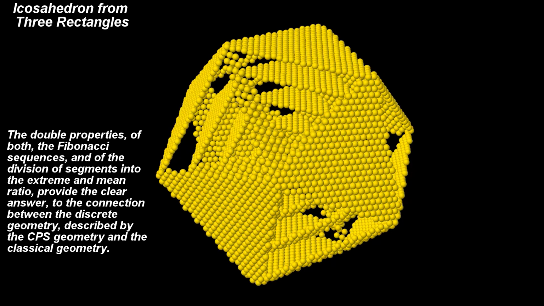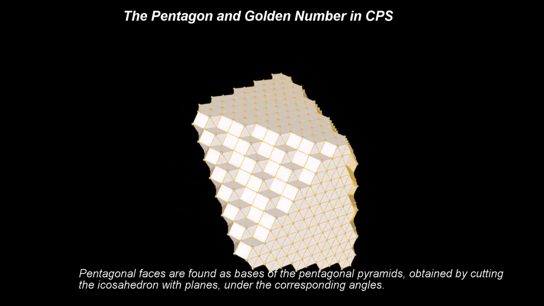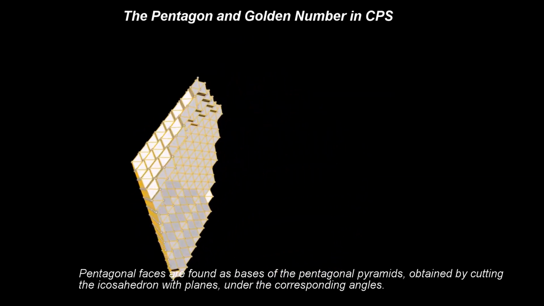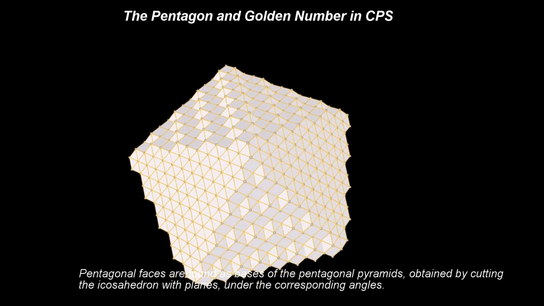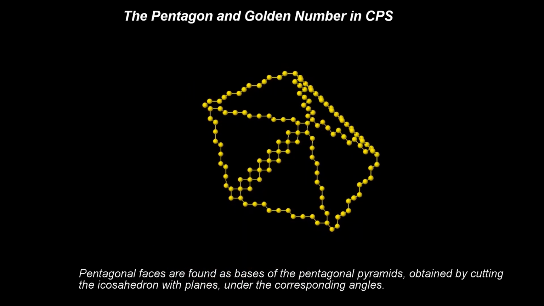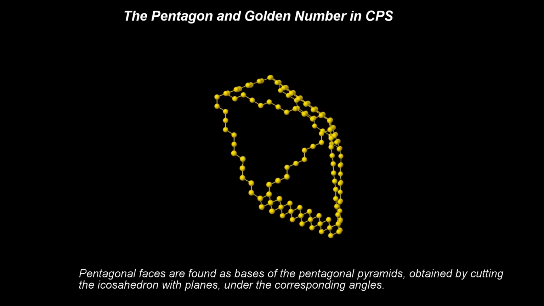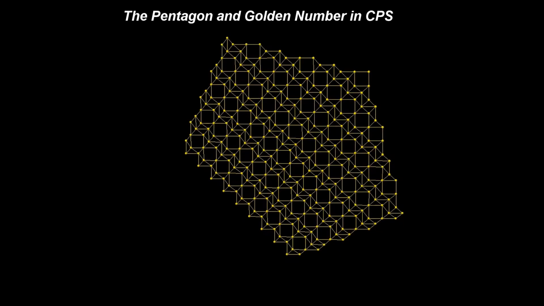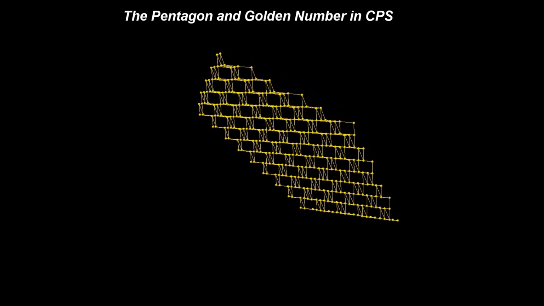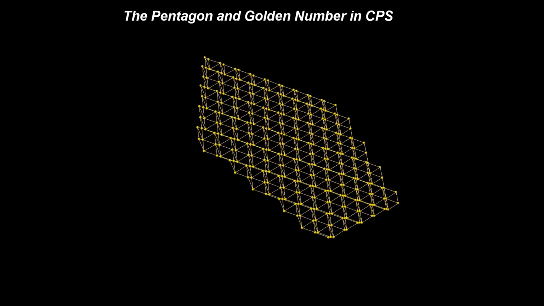Can we find other correlations regarding the golden section between the CPS geometry and the classical geometry? The answer to this question is a sound yes. As we have seen in the previous video, in the classical geometry, the pentagon is born by the golden section and is also impregnated with the golden section.